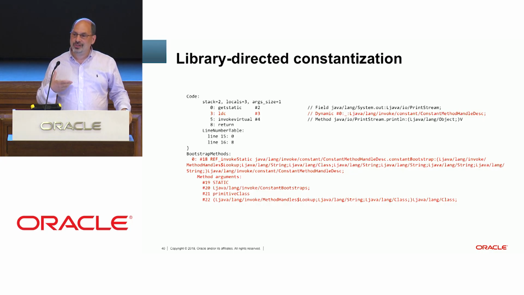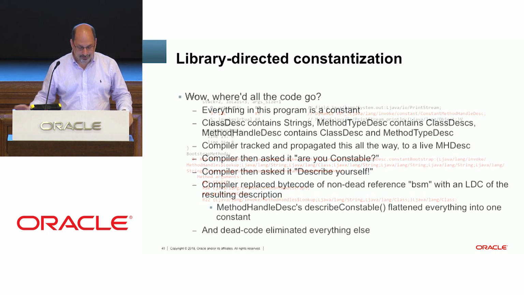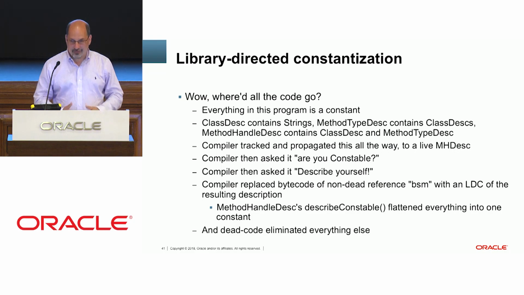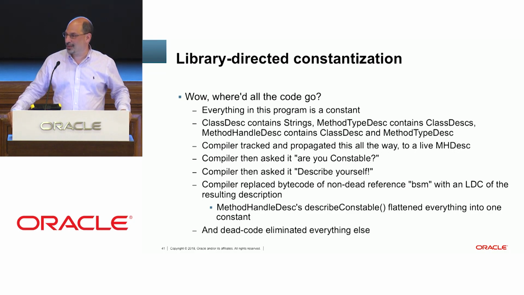And because ConstantDynamic composes with itself, more complicated examples will fold together very nicely. So, you can look at that and say, where'd the code go, right? And it's the same place, it fell victim to 50-year-old compiler tricks, constant folding, constant propagation, where the compiler was able to figure out everything in this program was a constant.